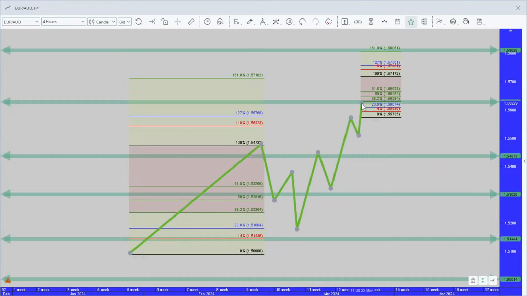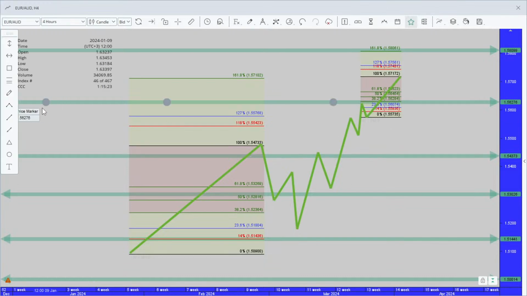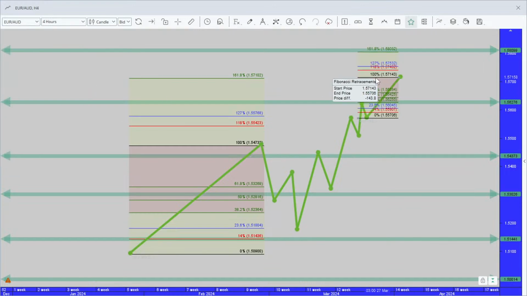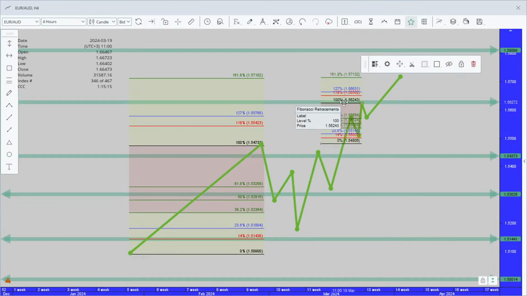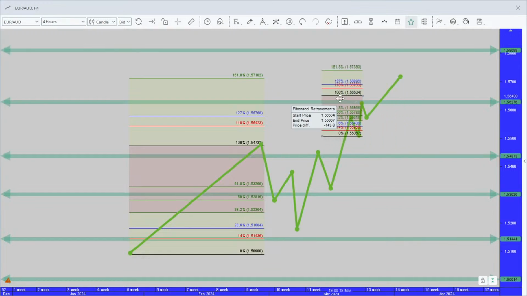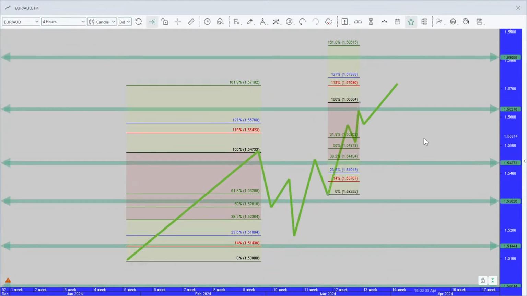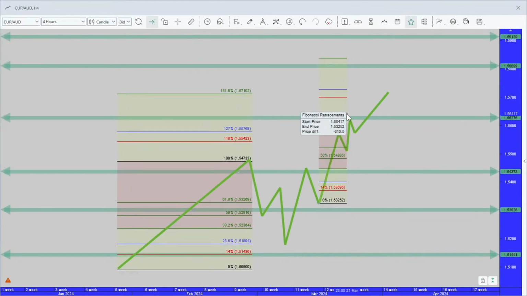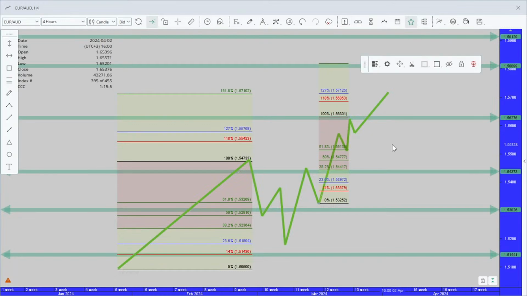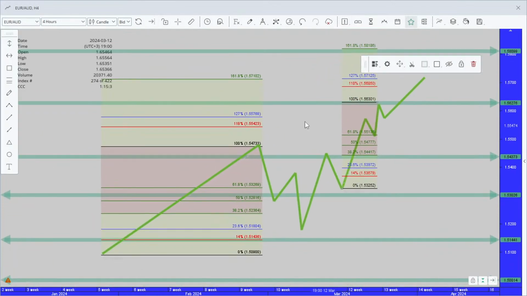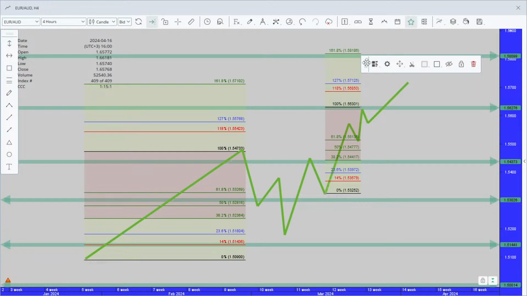Right here and here and here. Something like here, above. All right, even better. So we are here right now. What does the picture say?